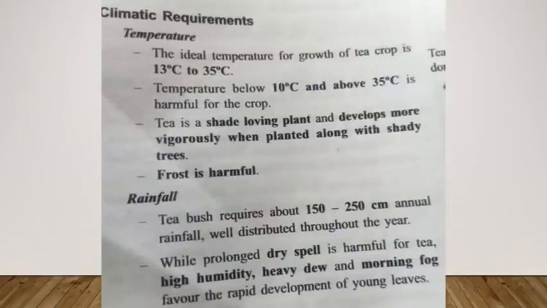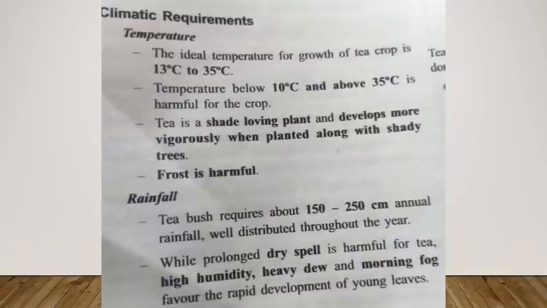Now the climatic requirements. The ideal temperature for growing tea is between 13 to 35 degrees centigrade. Temperature less than 10 degrees centigrade and more than 35 degrees centigrade is harmful for the crop. Tea is a shade-loving plant and develops more vigorously when it is planted along with the shady trees.